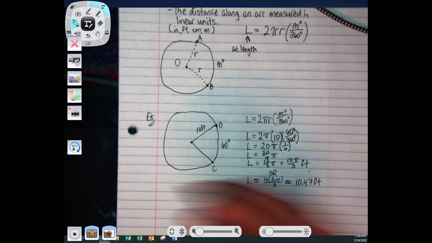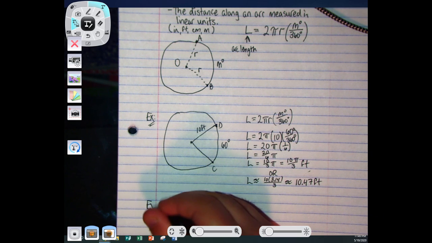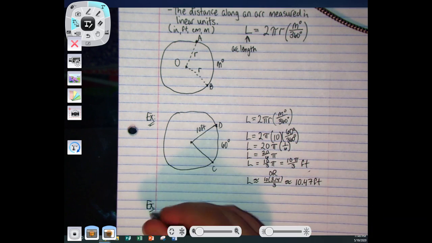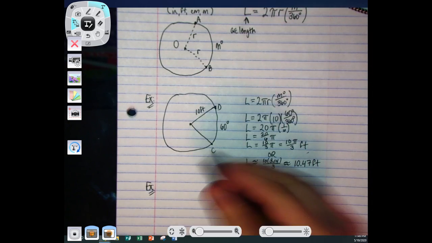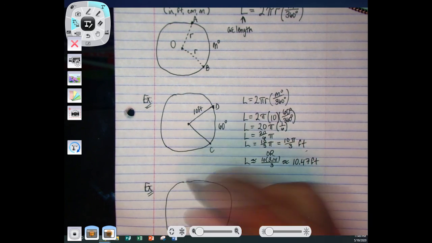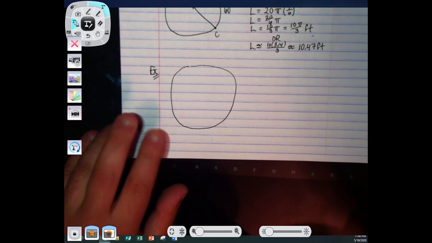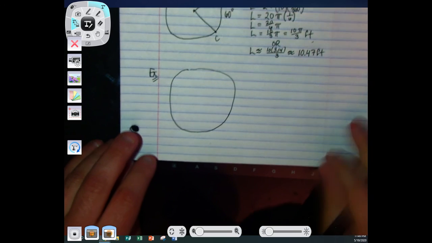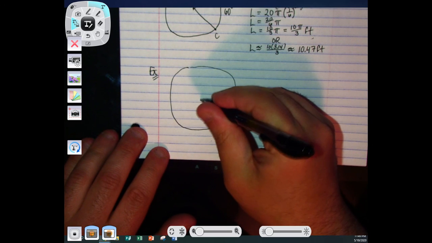Now, one more example. In another example, again, we're going to do a circle. This time, I'm going to give you the center.